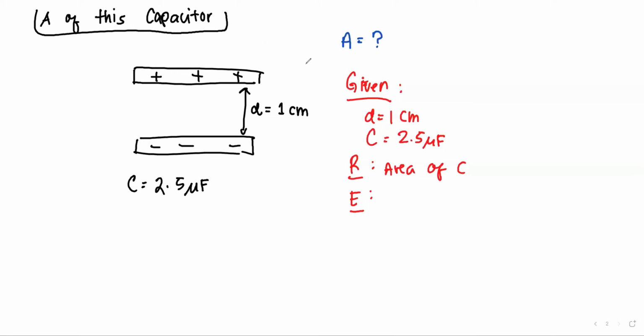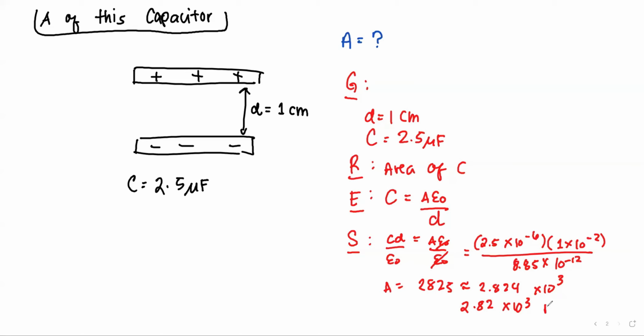C is equal to A epsilon naught over D. Solution: we need the A. From this, manipulate, I can get C times D divided by epsilon naught, in square meters. There you go. That is your area of the capacitor.